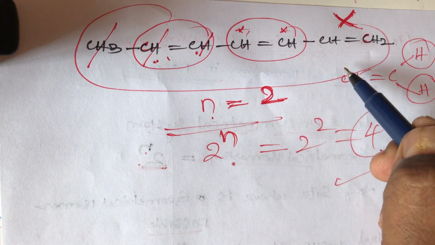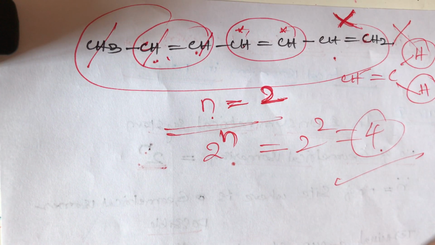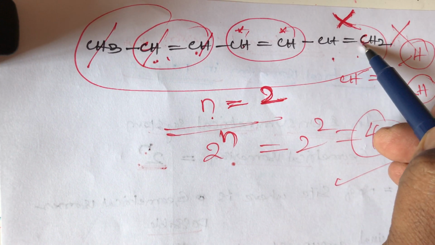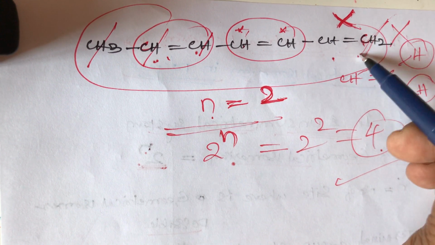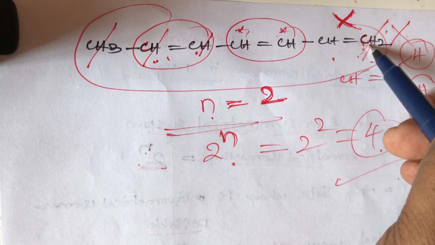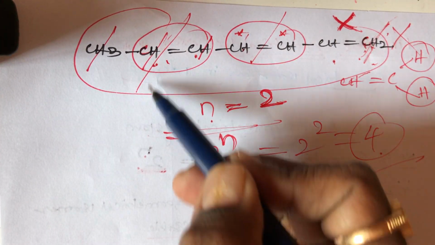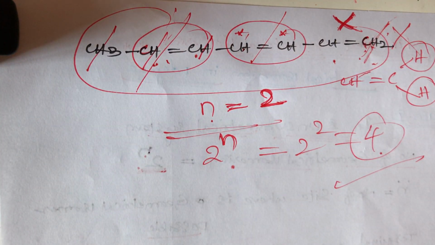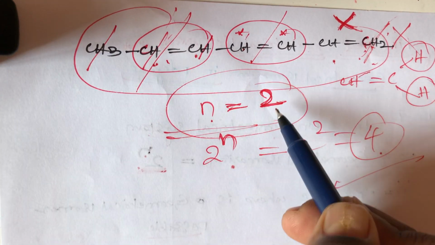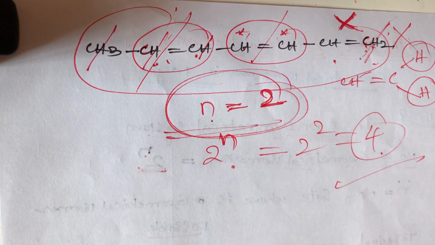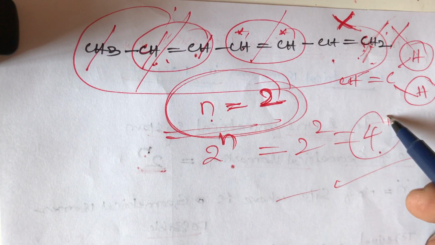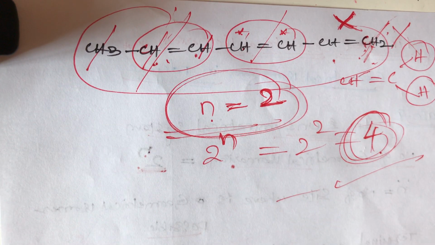Here these double bonded carbons will not show geometrical isomerism because they have the same group, 2 atoms are the same, so they do not exhibit geometrical isomers. In this compound only 2 double bonded carbons exhibit geometrical isomerism, so the n value is 2 only. So the total number of geometrical isomers in this compound is only 4, students.